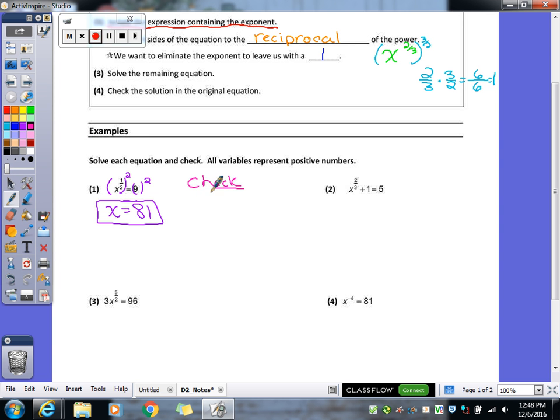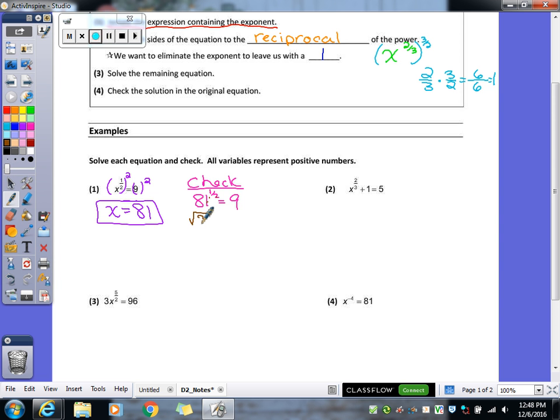Then we should just do a check over here. Plug in 81 for x, so 81 to the 1/2. We're going to see if that equals 9. And we're going to do a little review of day 1, since that's going to be on your quiz next class. 1/2, how do I change this? I get a radical in there, but what kind of radical? What root is it?